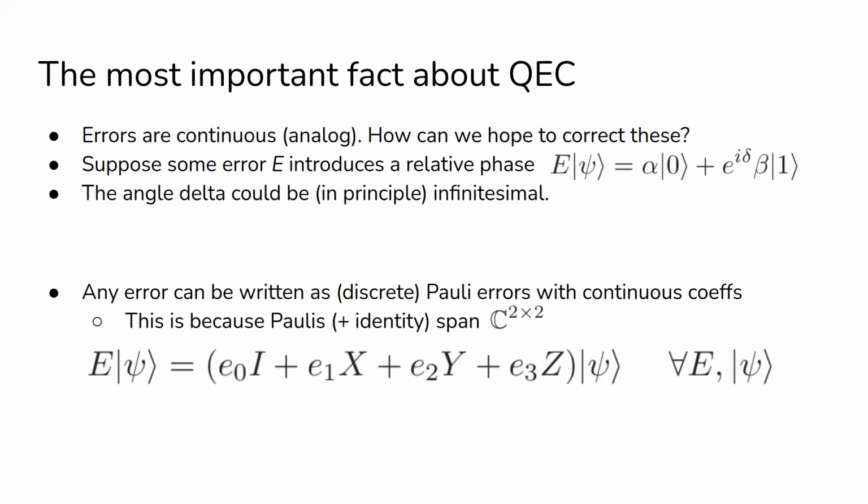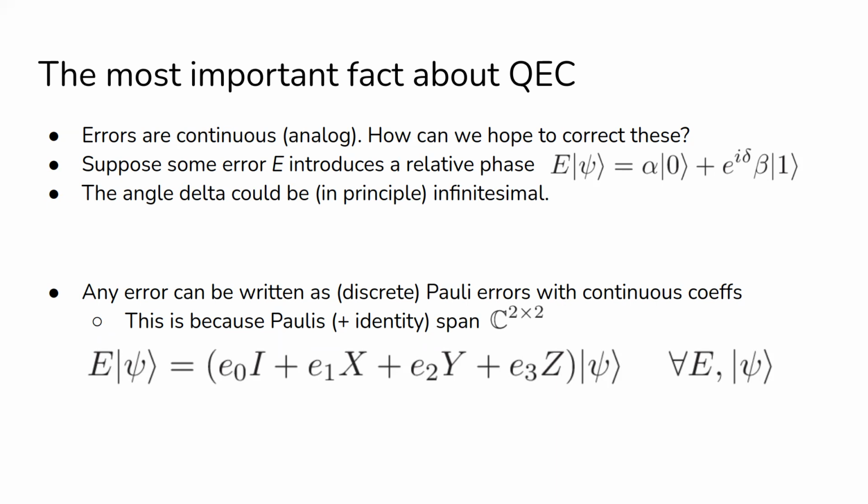There's one thing we can do for any error, including this one, which is we can expand this in the Pauli basis. Why can we do this? Well, it's a basis, so we can write this as a sum of coefficients with the Paulis acting on psi. And that's good because now it's sort of a discrete set.